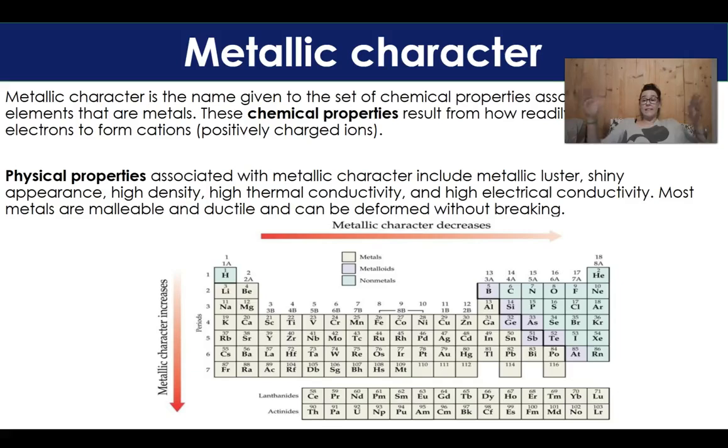Their high density has to do with the fact that those electrostatic attractions between those mobile electrons and the resulting cations are quite strong, so it makes them dense. And their shininess also has to do with the mobile electrons. So physical properties are more to do with the movement of electrons between those atoms, whereas the chemical properties result from how easily electrons are lost.